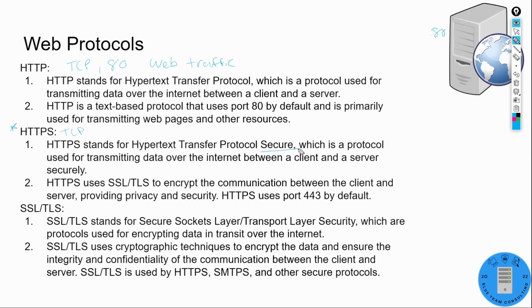And if you're using secure web browsing, which is mostly what we're doing nowadays, we're using HTTPS. So the S just stands for secure, and it's a protocol for doing the same thing as HTTP, just doing it securely. How it's doing it securely is it's using SSL or TLS. SSL is the old name for TLS, which is Transport Layer Security.